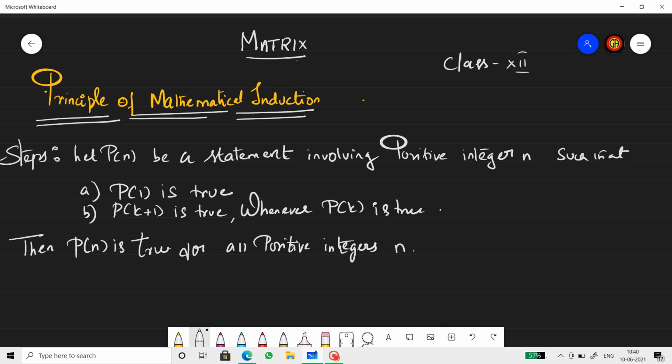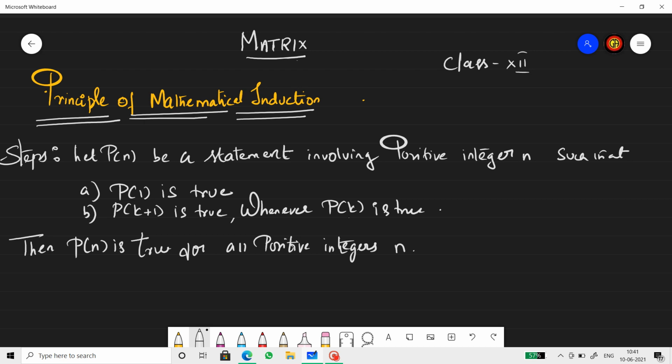We consider the given statement as P of n, then we substitute n equal to 1. We check whether it is true for 1. Once it becomes true for 1, then we will assume that it is true for k. And if it's true for k, it has to be true for k plus 1. Right?